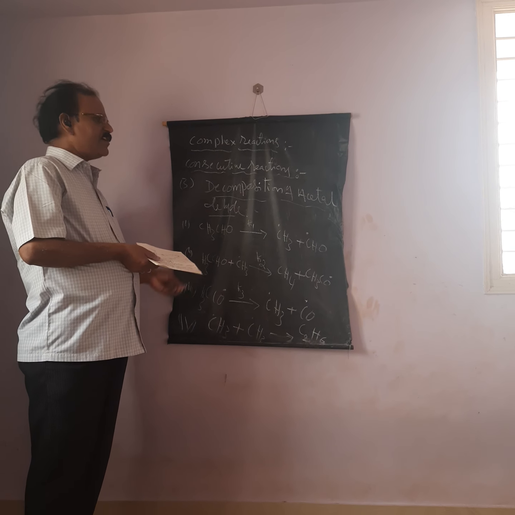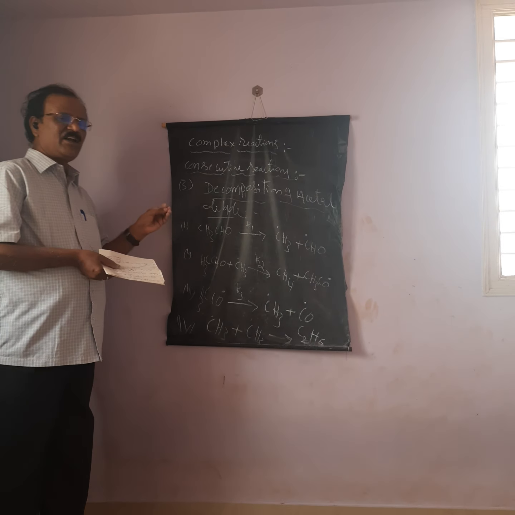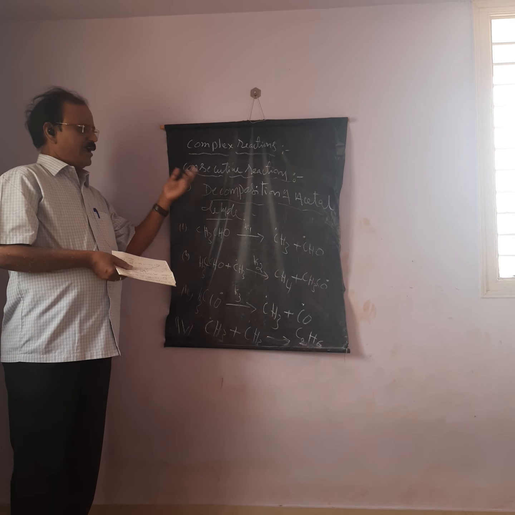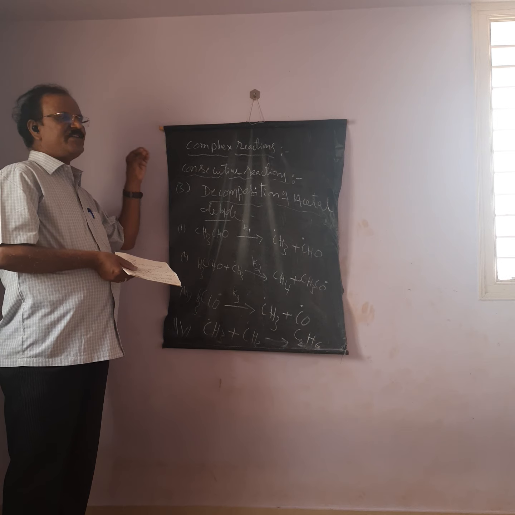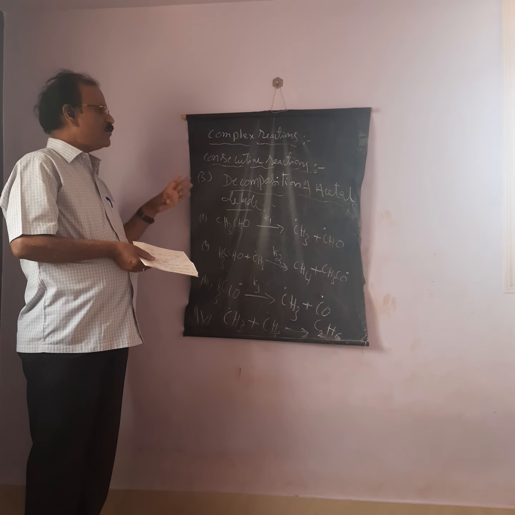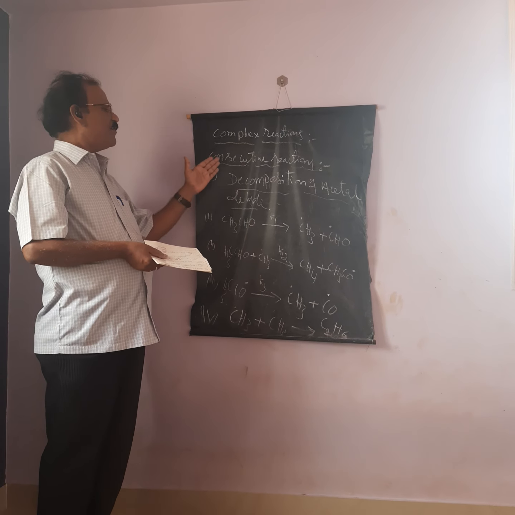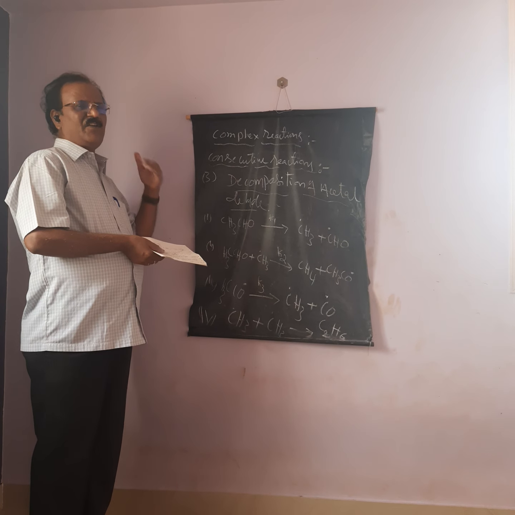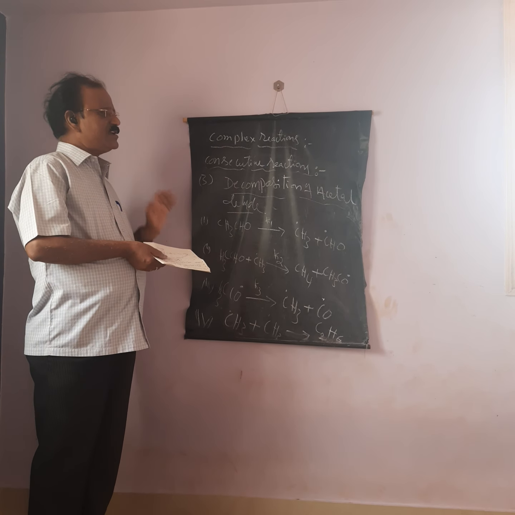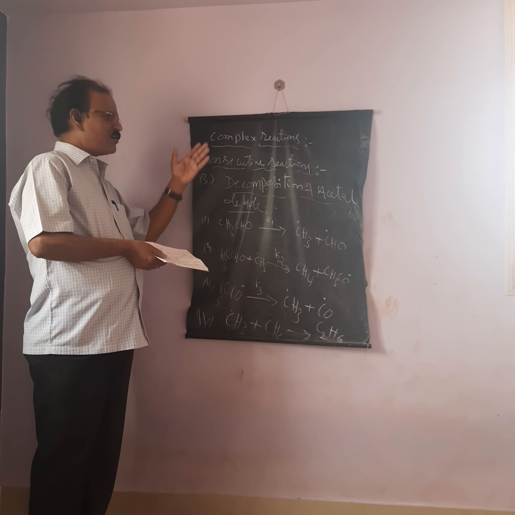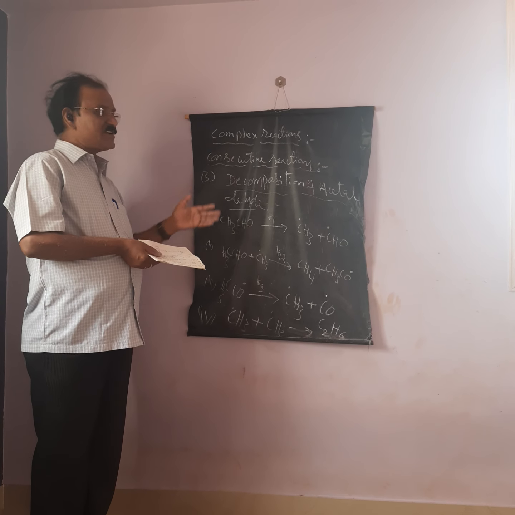You can take any electrophilic substitution, the mechanism of electrophilic substitution of the benzene ring or toluene or any benzene. Electrophilic substitution of the benzene ring is an example of conjugative reactions. You can come across so many examples, not only chlorination, bromination, hydrogenation, alkylation, Friedel-Crafts reaction.